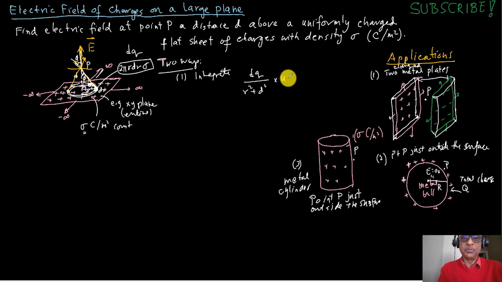So the EZ part will be just cosine phi, and cosine phi will simply be d over that distance, d over the square root of r square plus d square. Okay, so this is the dEZ from the ring.